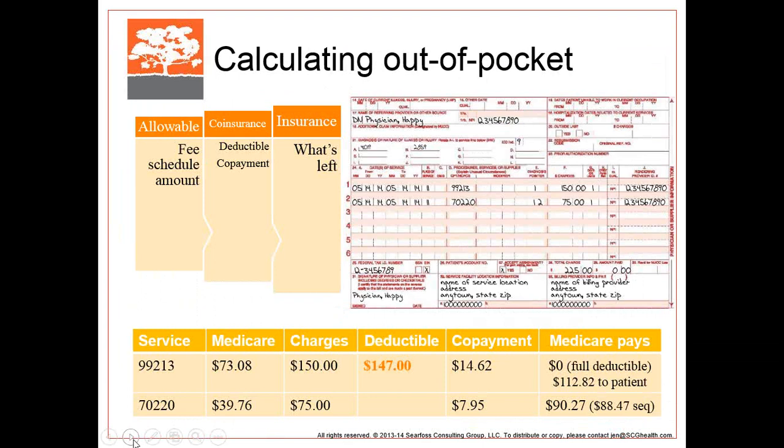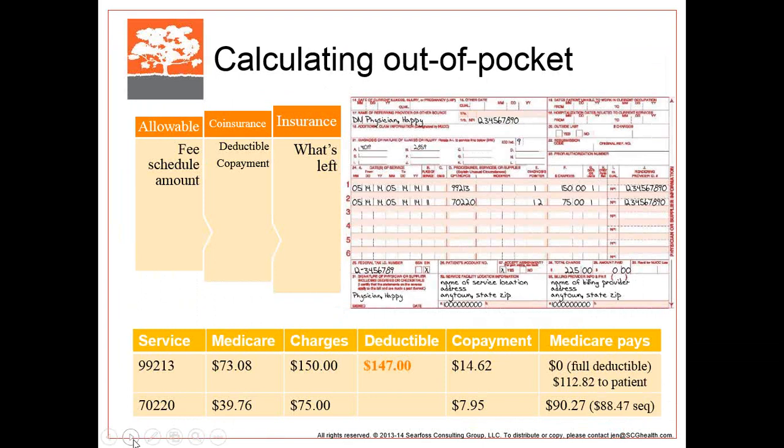The Medicare allowable is $73.08 for the established service, which, by the way, is a national rate. Charges are $150. But if it's a patient coming in at the beginning of the year, they likely have their deductible. And the Medicare deductible for 2014 and 2015 is $147. So if the patient hasn't met the deductible, that entire amount is going to be collected from the patient, the $73. And then there's going to be a portion for the scope that's going to be collected.